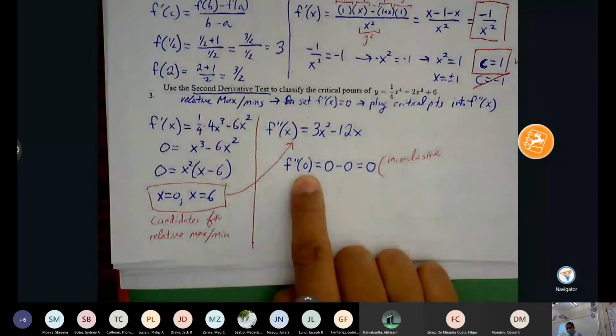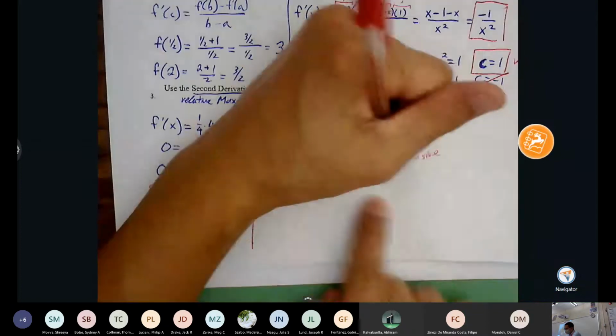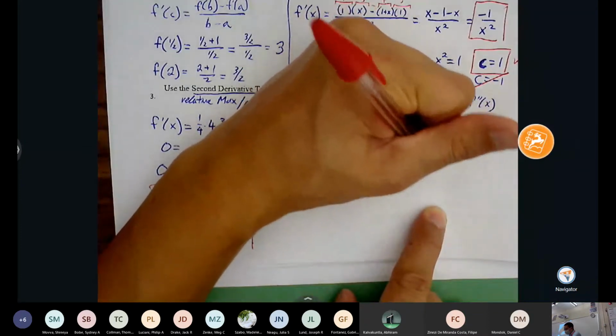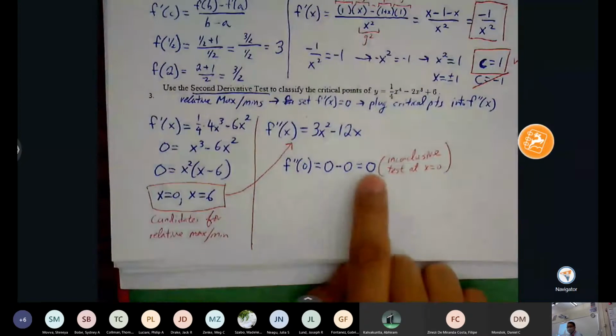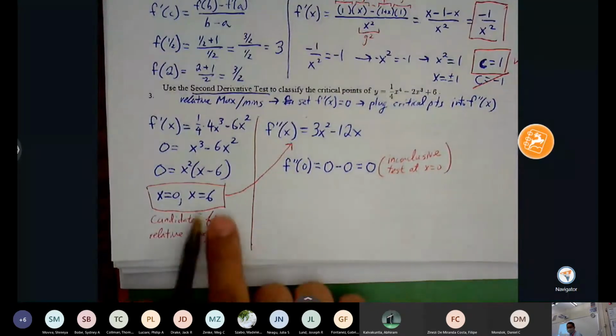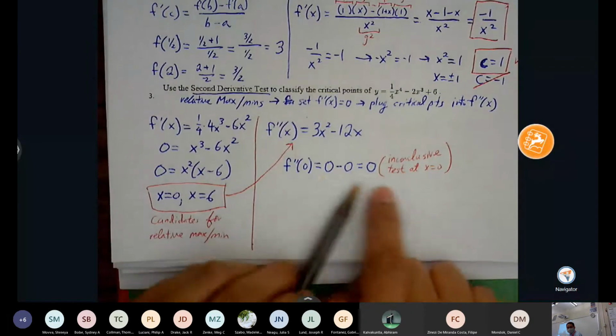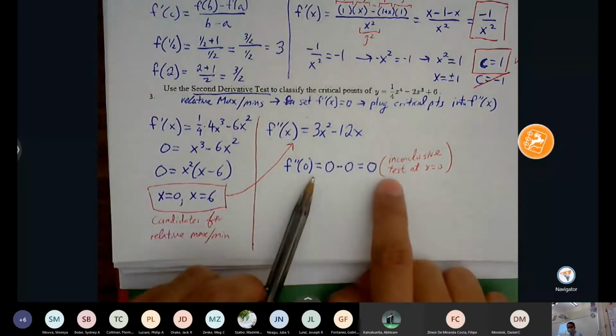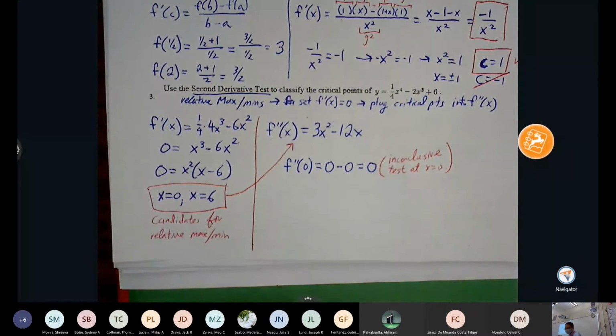Maybe it's a max, maybe it's a min, maybe it's neither, but we don't know. Because we need either positive or negative to know whether it's concave up or concave down to make that conclusion.